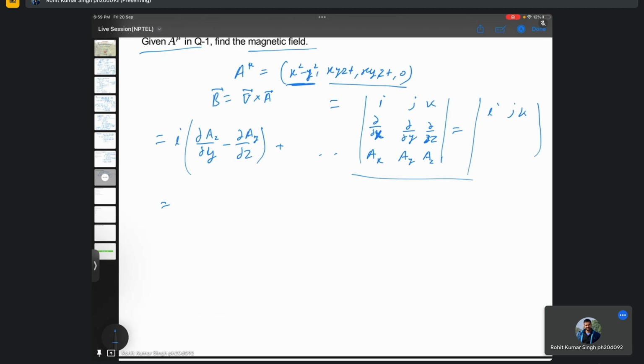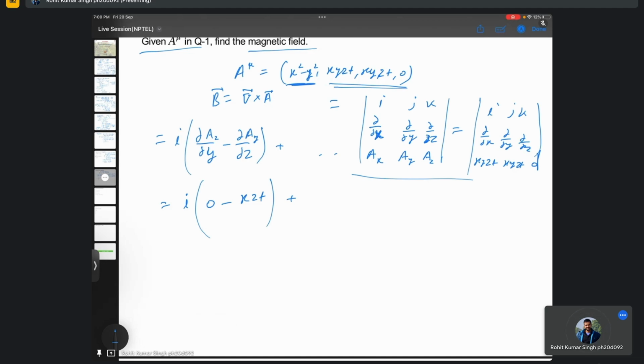So yeah, ax, ay, and az are given here. xyzt, and then the last one is 0. Okay, so for the i component del by del y of 0 is 0, and del by del z of the y component is just xzt.